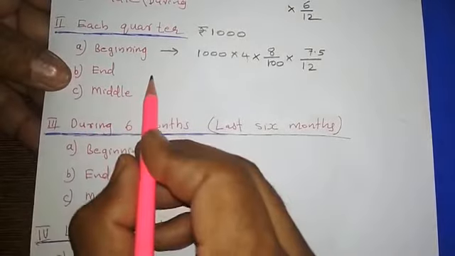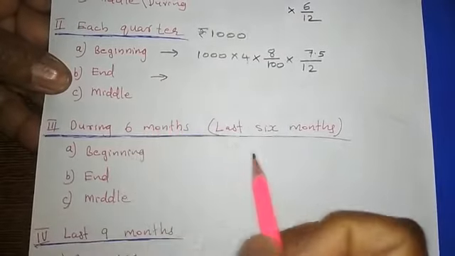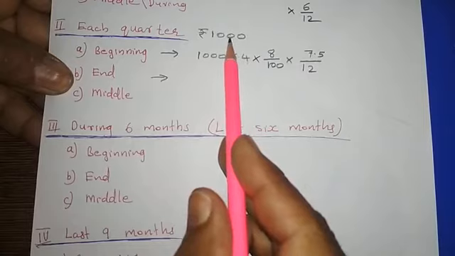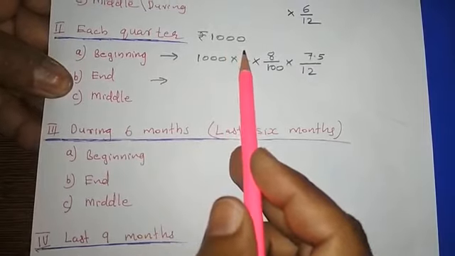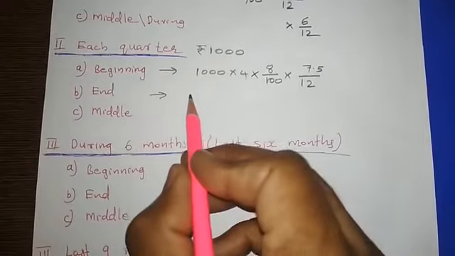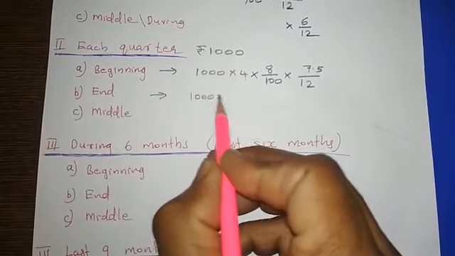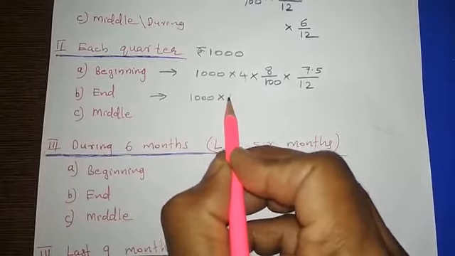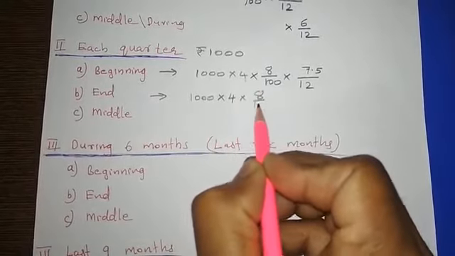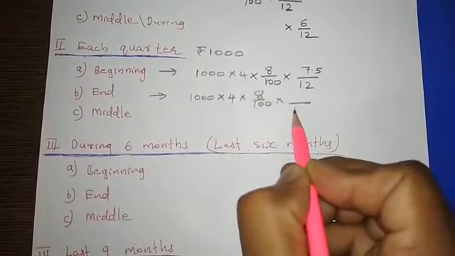Okay, next formula. What is the question? A partner withdraws 1000 at the end of every quarter. Okay, one partner is withdrawing 1000 at the end of every quarter. So the total drawing will be: one drawing is 1000, into 4 quarters, that is into 4, into rate 8, and here we have to take the time.